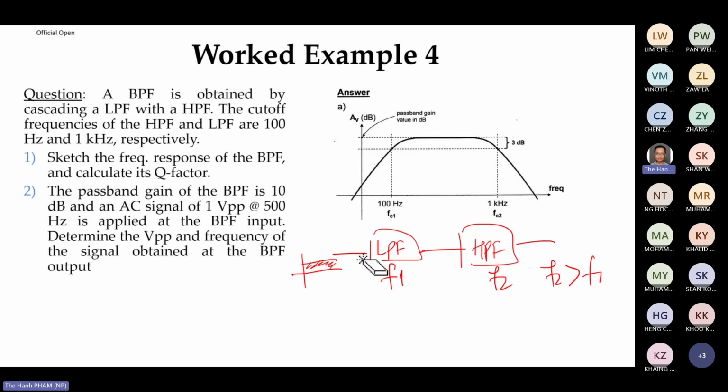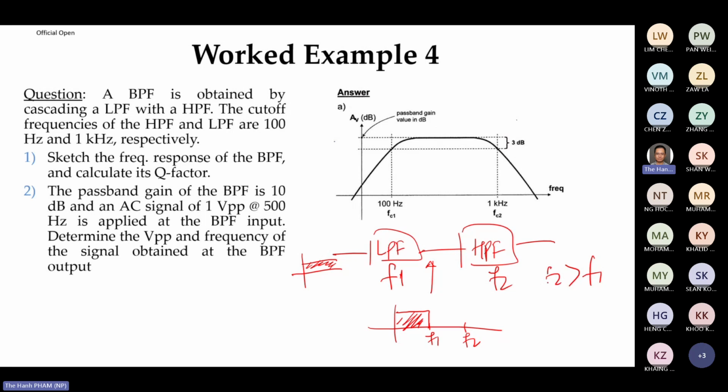So at this point, here's F1, here's F2. Because this is a low pass filter, it only keeps the low frequency. And it keeps until F1. So basically, you only have this at this point.